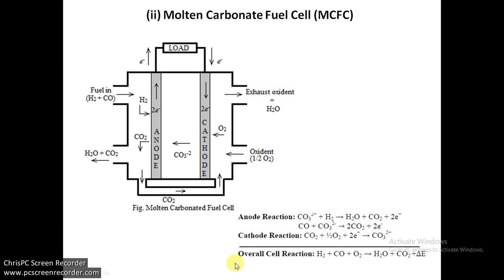And the overall reaction you can see here. In the overall reaction, this is again an exothermic reaction, so we produce energy. The working temperature is around 650 to 700 degrees centigrade. So again, a huge amount of energy is being liberated.